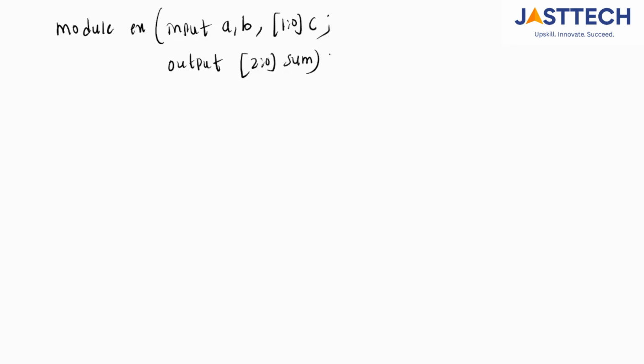Here also there is a compilation error. We declare the inputs and outputs within the bracket, so this being the end of the statement, you will get a compilation error.